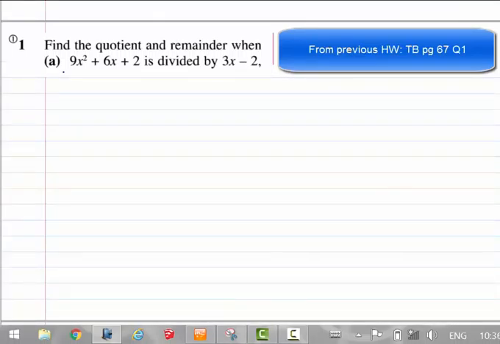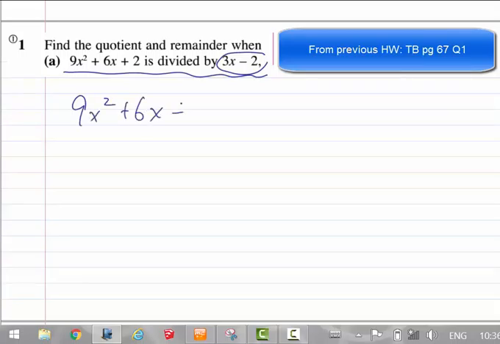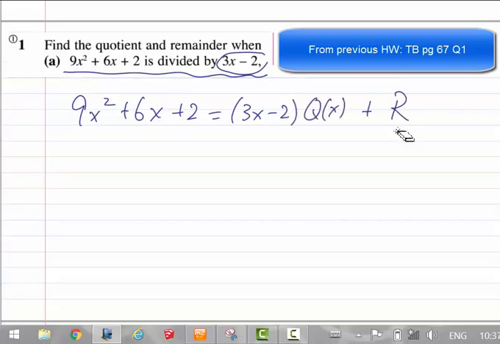Similarly, for question 1 from our previous homework, when 9x squared plus 6x plus 2 is divided by 3x minus 2, we can write 9x squared plus 6x plus 2 equals 3x minus 2 times its quotient plus the remainder.